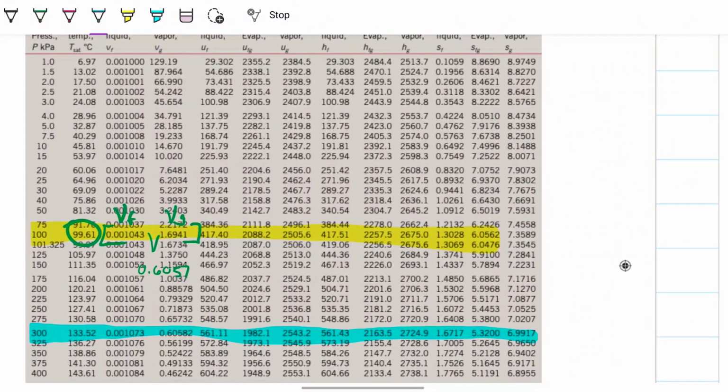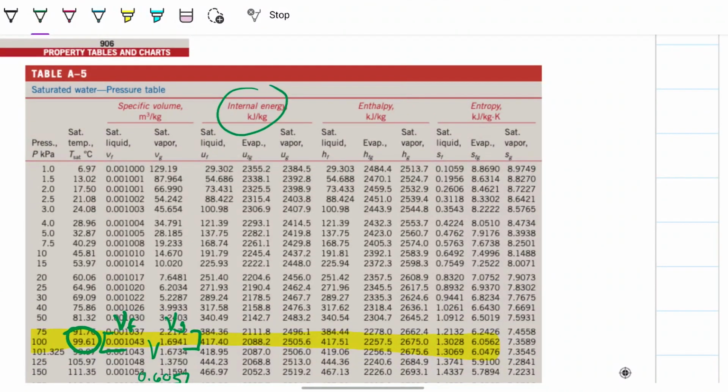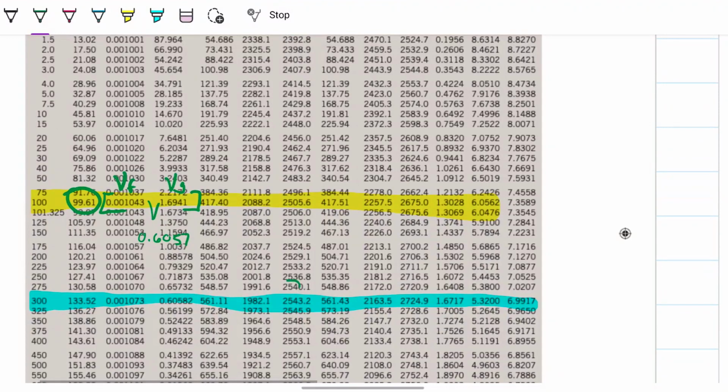For the first state, we are at 300 and it's saturated. So all we need to do is internal energy, saturated vapor, and grab the value here, 2543, right off the bat.